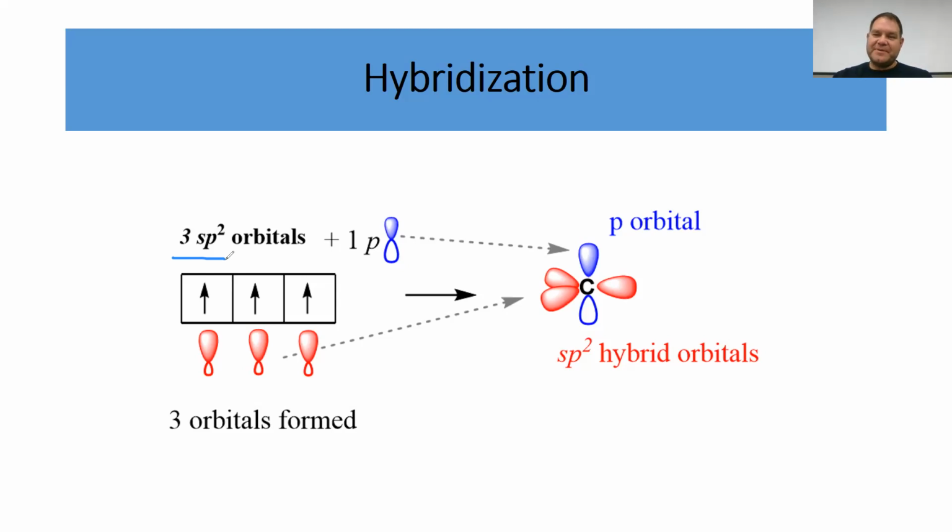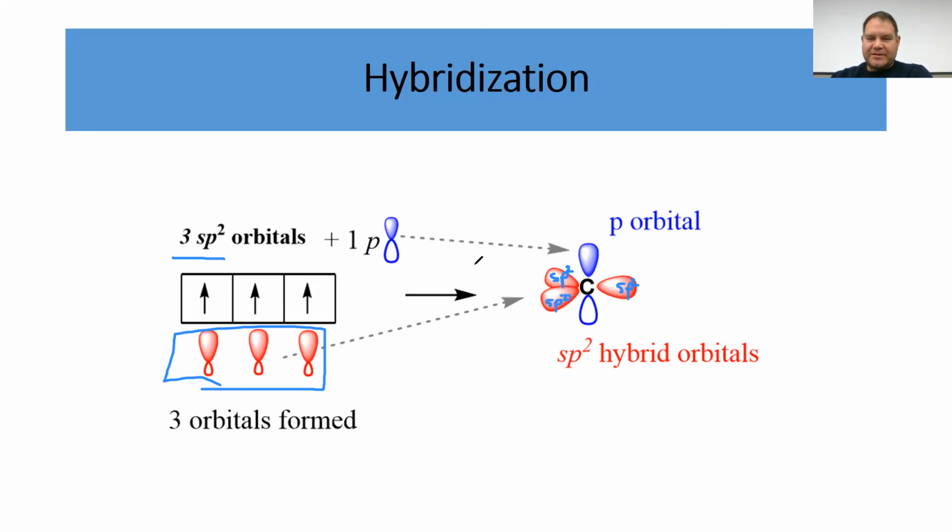Now, with sp2 hybridization, we can combine the 3 sp2 hybrid orbitals together. Here's carbon, and what's depicted here in red is our sp2 hybrid orbitals. So this one right here is an sp2 hybrid orbital. This one is an sp2, and that is sp2.